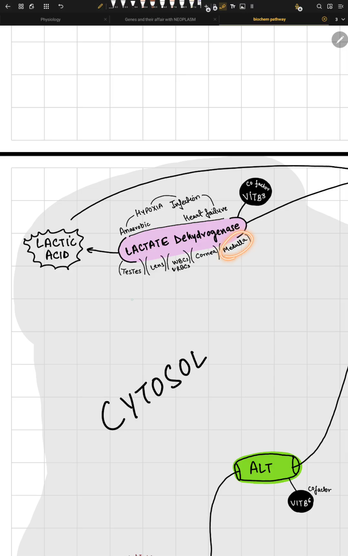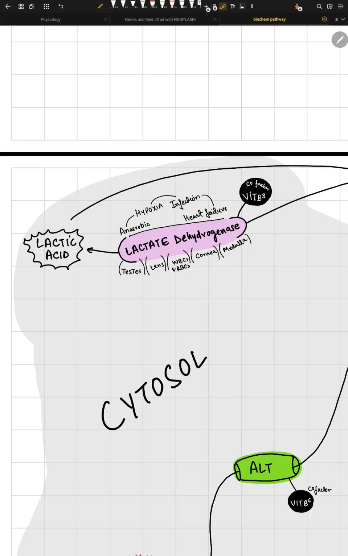Other thing is the medulla, especially the outer medulla, because the cortex gets like 90% of the renal blood supply, and the inner medulla gets around 8%, and the remaining 1% supply is on the outer medulla. So again, oxygen poor environment, anaerobic ATP needed. So that's the reason that lactate dehydrogenase, LDH, is found in these tissues.